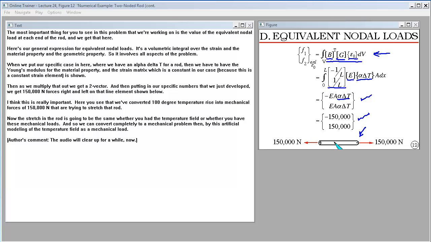Now the stretch in the rod is going to be the same whether you had the temperature field or whether you have these mechanical loads. And so we can convert completely to a mechanical problem then by this artificial modeling of the temperature field as a mechanical load.